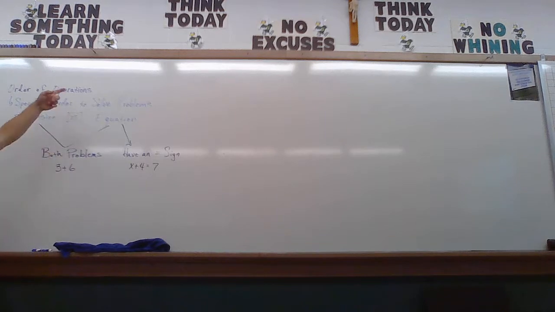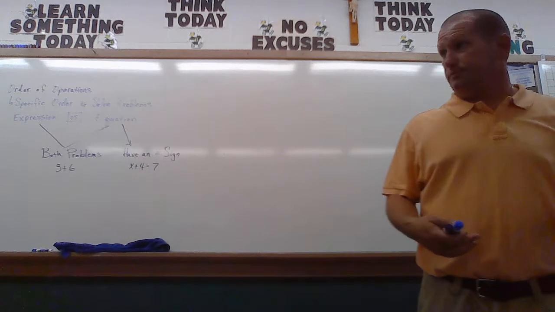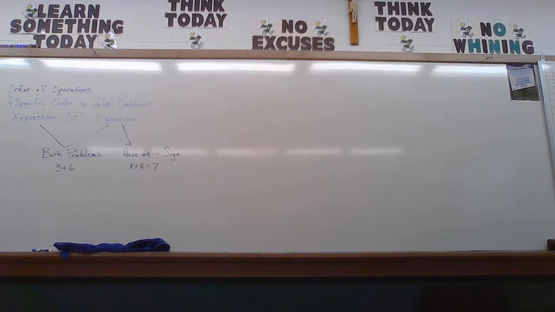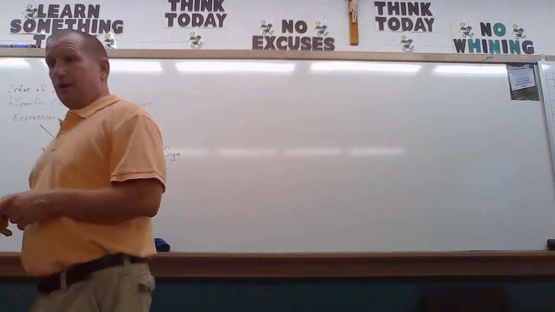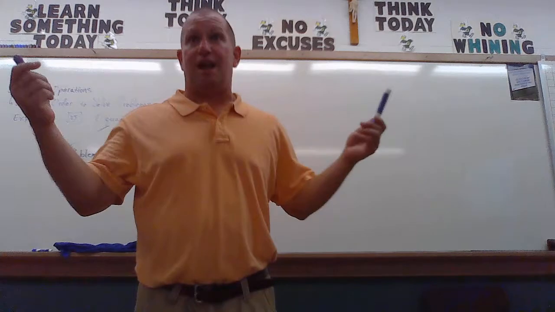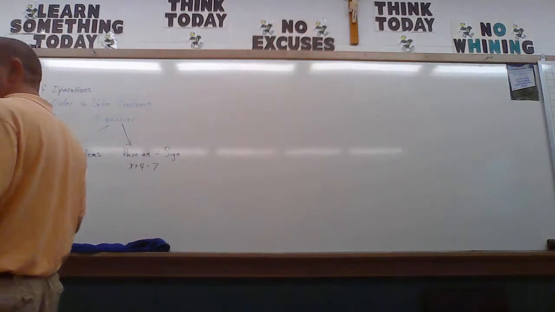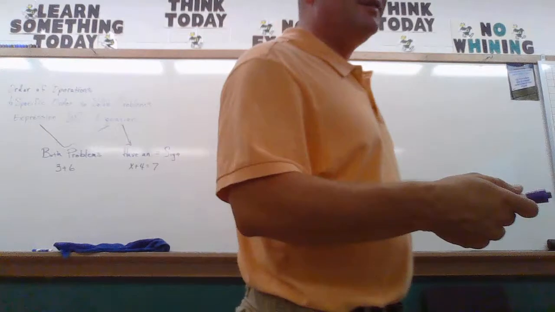Okay. So the order of operations now is the way that I have to do the problem. And we want to have a specific order so everybody does it the exact same way. All right? So we're going to make up an acronym. What's an acronym mean? It's like when you have words, and you take the first letter of each one, and that's what.